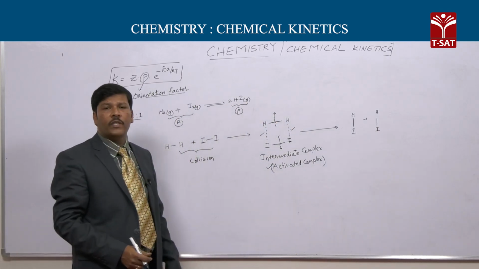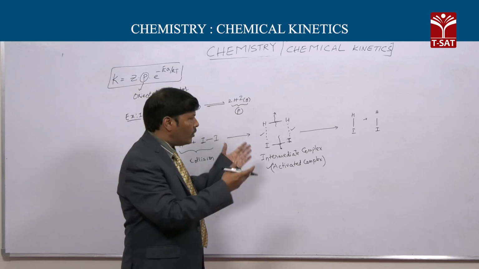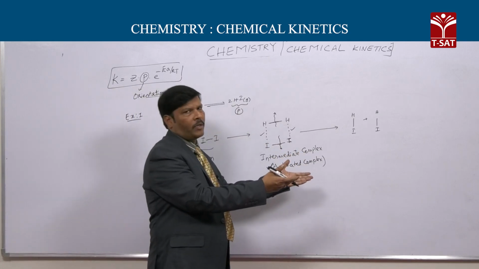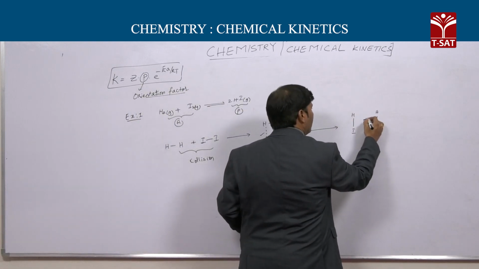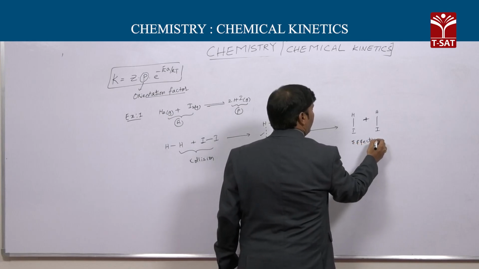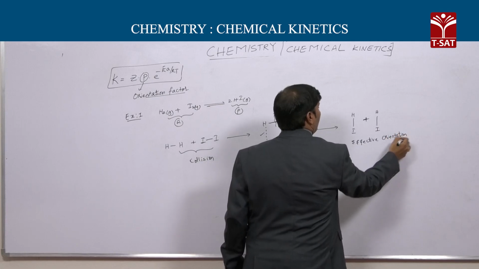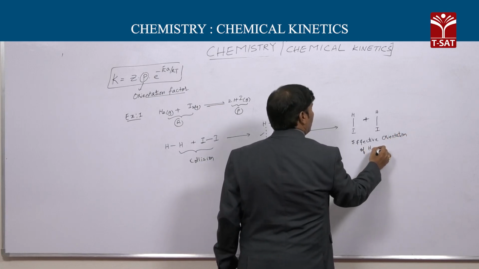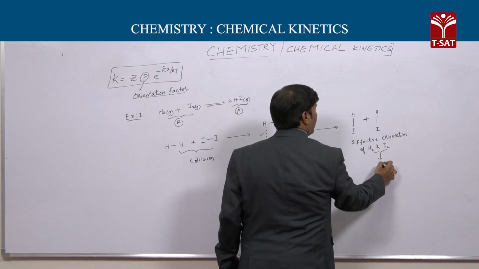So the direction of the bonds has changed, the old bonds have been broken and the new bonds have been formed, but the expected product is the same with proper orientation. It is because of effective orientation of H2 and I2, okay, it is giving HI molecules.